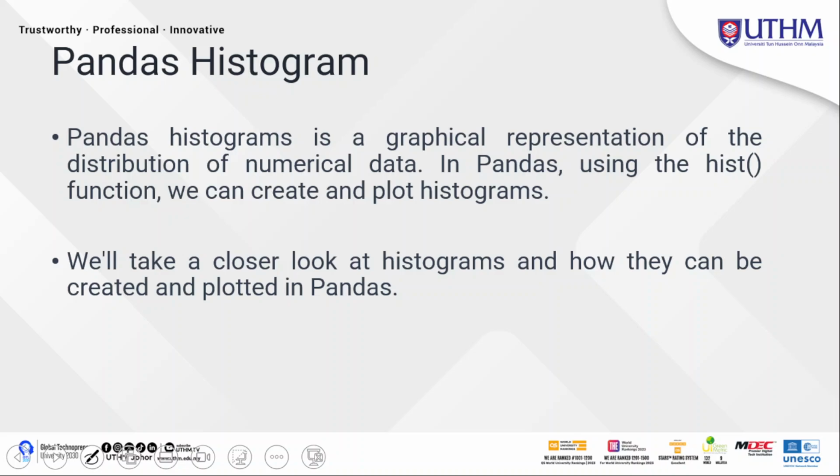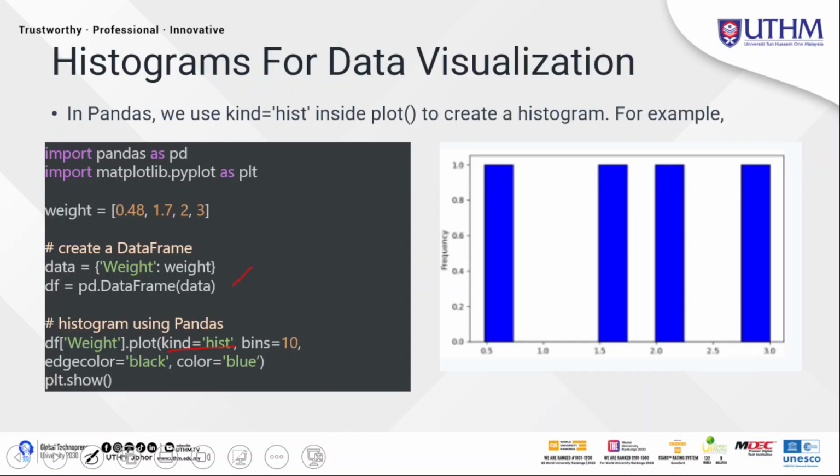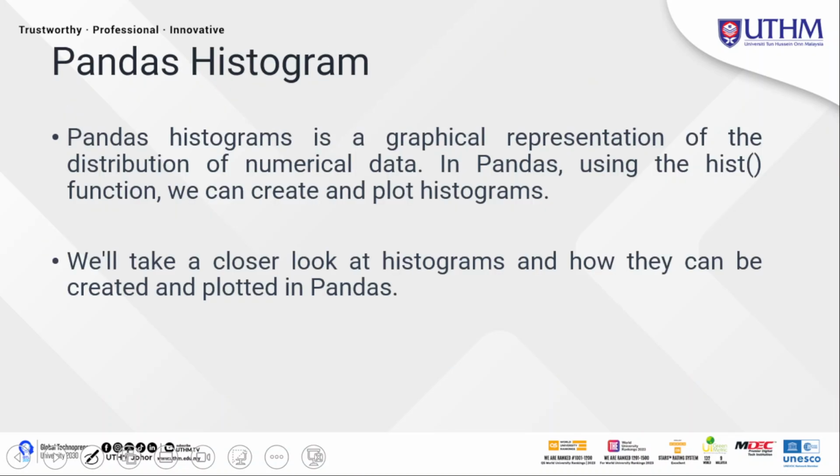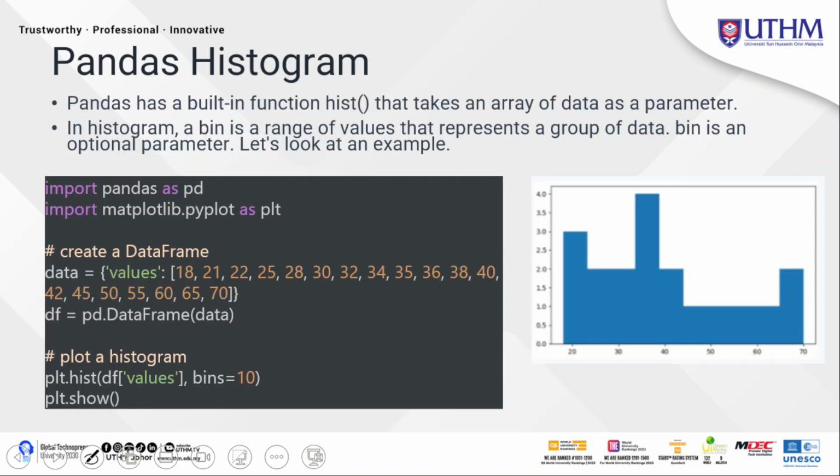We have already seen histogram over here, but this one is also related to histograms. This one goes deeper, with different types of histograms. It is a built-in function of histogram that takes an array of data as a parameter. In a histogram, a bin is a range of values that represents a group of data. Bin is an optional parameter. Let's look at an example.